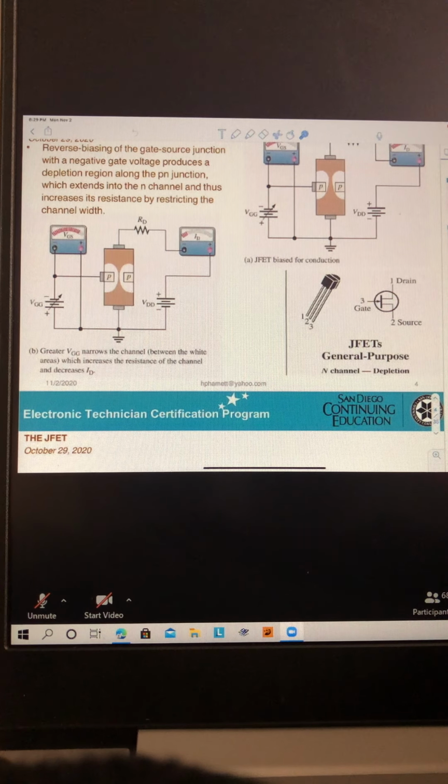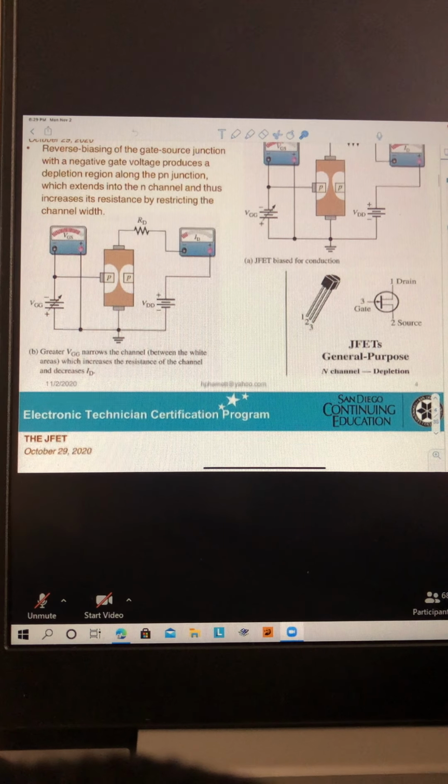If you're looking at the first one here, when they measure at the gate, you can see VGS will be more negative, and the current ID is here.